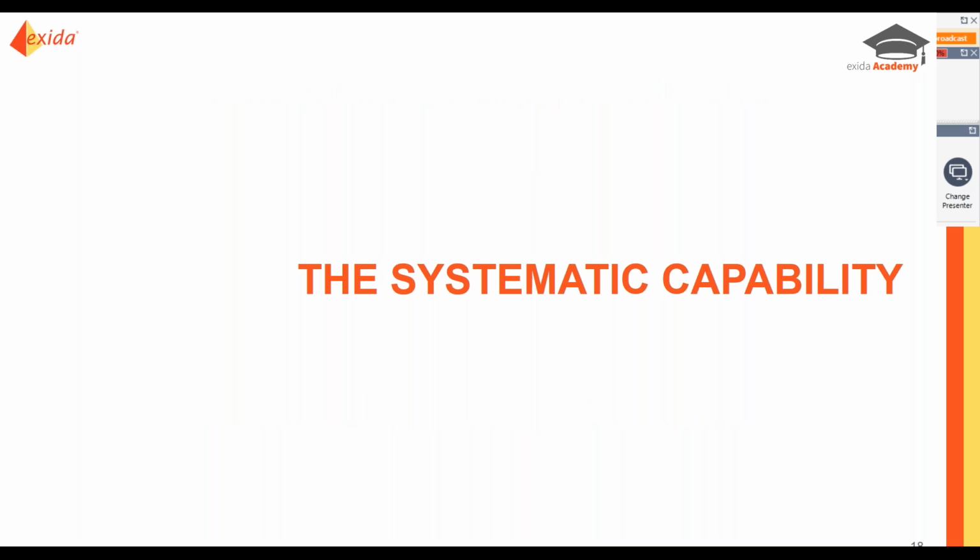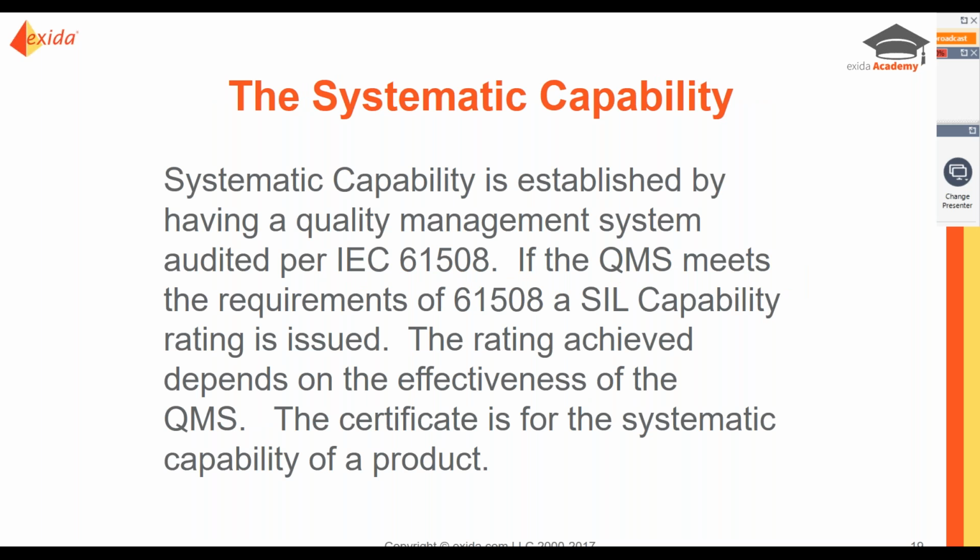Systematic capability, the first thing that they're judged on, is their quality system. They'll have somebody audit their quality management system per IEC 61508. And whether they're going for a SIL rating of 1, 2, or 3, there are different numbers of requirements that need to be met before they can say that they are that SIL or SIL capable.